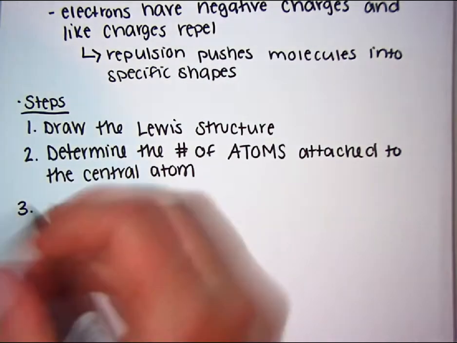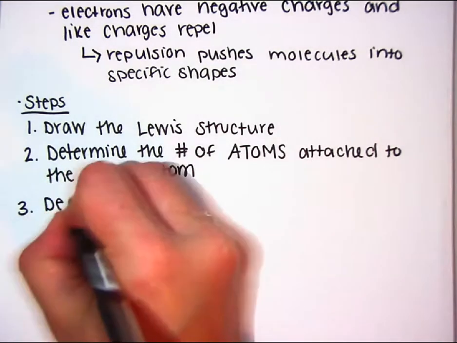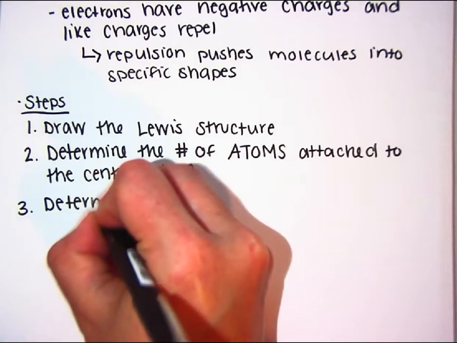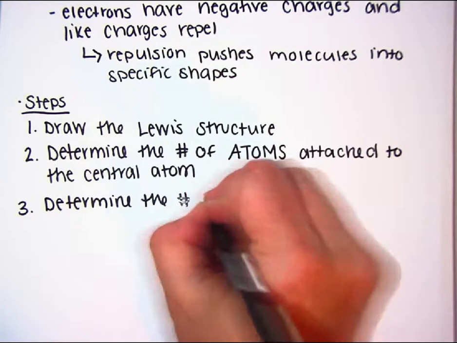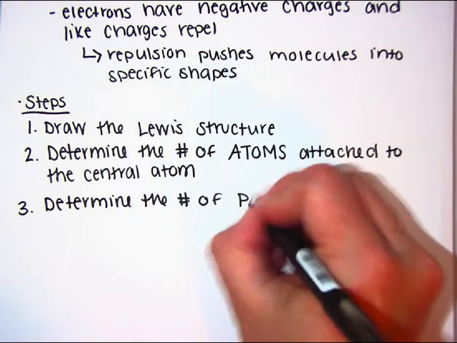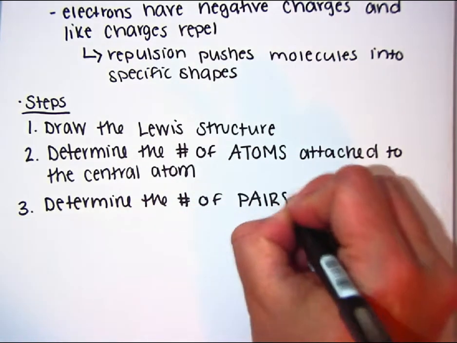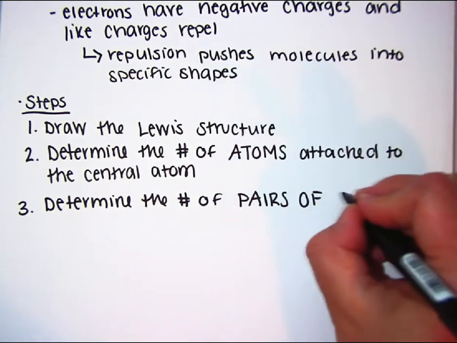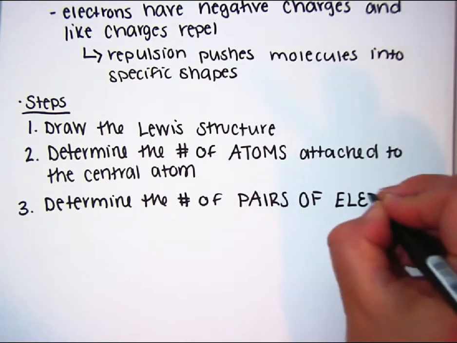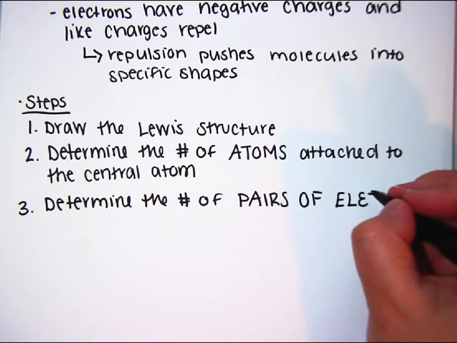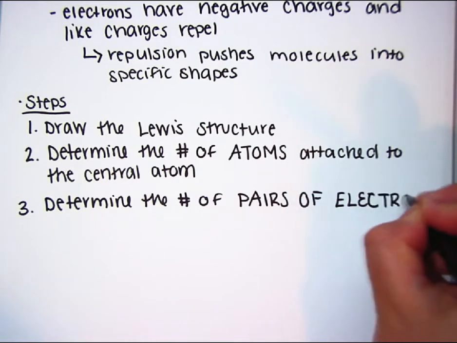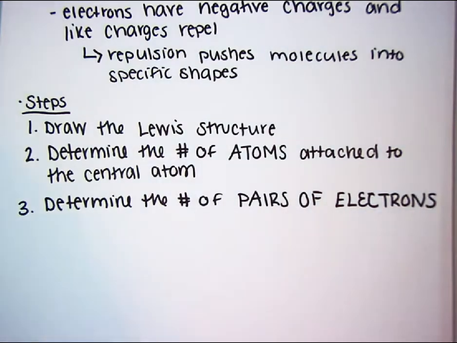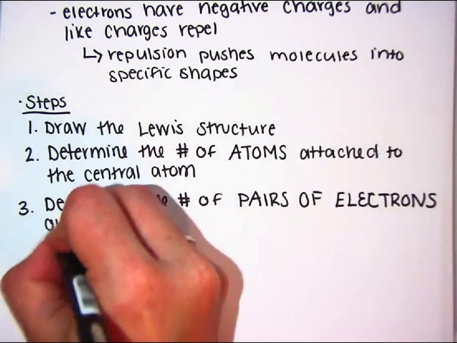Step 3: determine the number of pairs of electrons, not the number of electrons, the number of pairs of electrons, on the central atom.